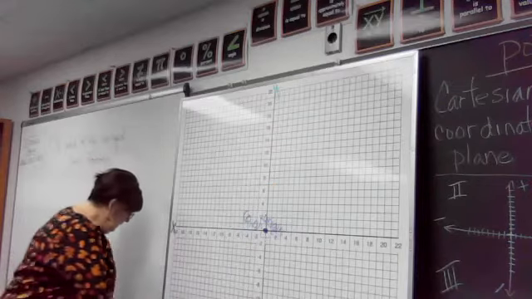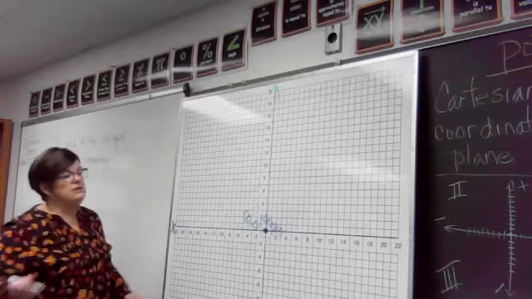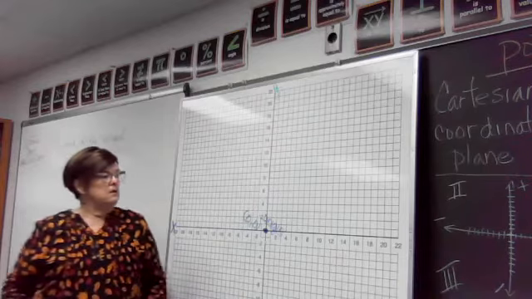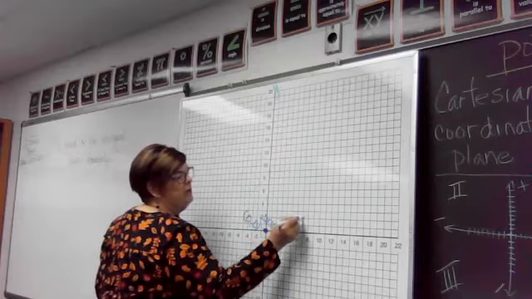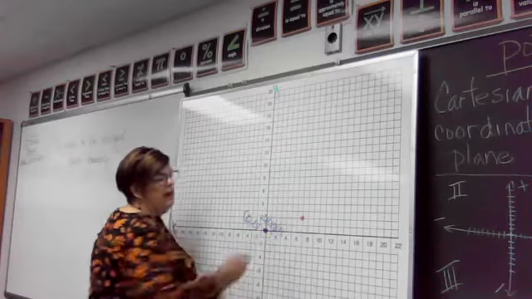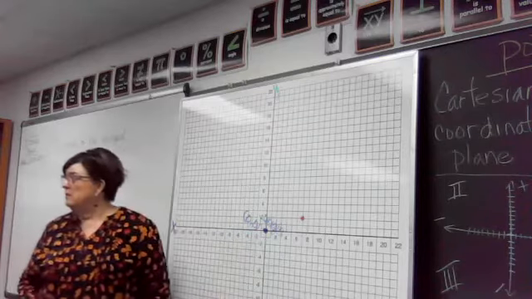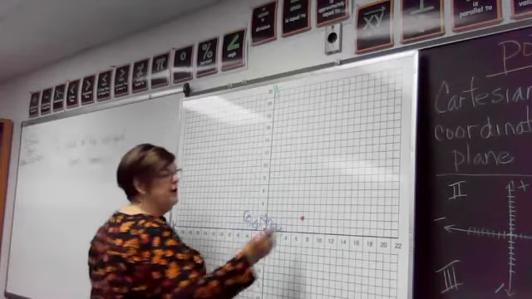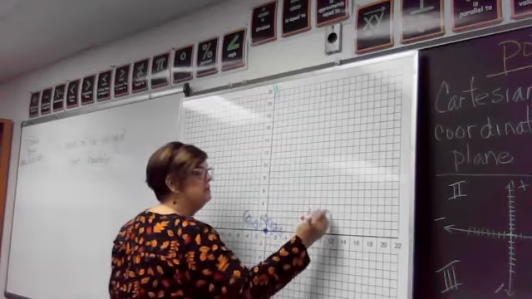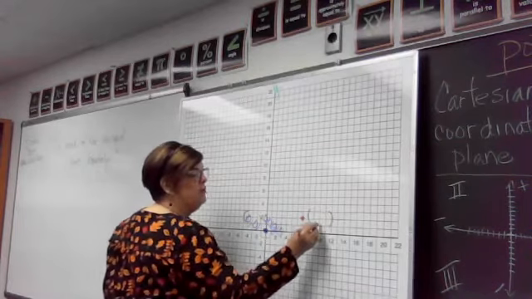So here's how you decide where somebody lives. Let's do this point right here. Now I want to know the address of this point. The address looks like this. It's a coordinate pair.